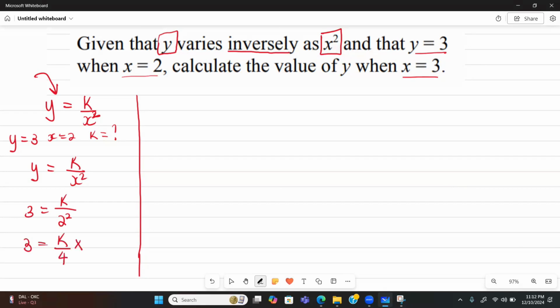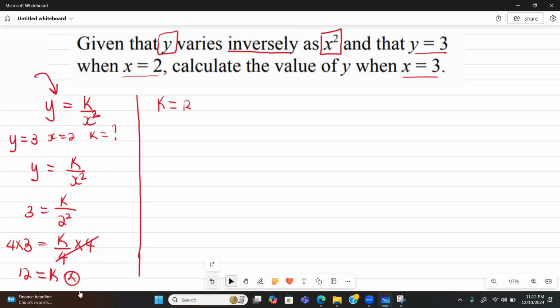Now let us multiply both sides by 4, because my intention is to get k on the right side. The 4s cancel, so 12 is equal to k. Now, because I know what k is, I am now able to find anything in this question. Remember now that k is equal to 12.